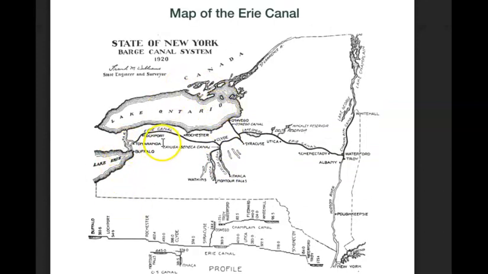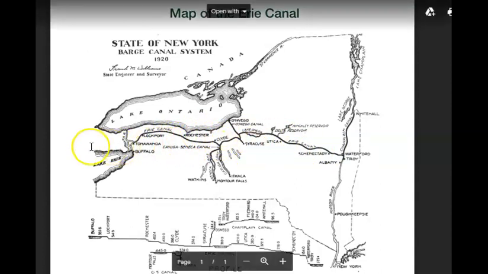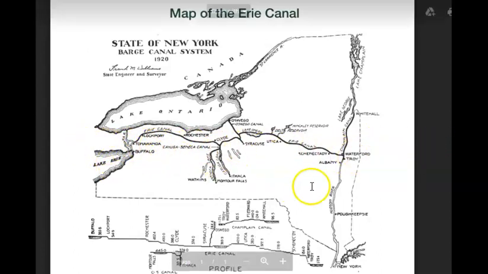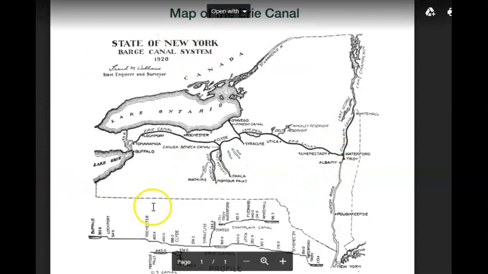And what we're looking at, here's Lake Erie, here's Ontario, and if you look very carefully right here, this dark line is the Erie Canal, and it runs from western to eastern New York. Now that you've looked at this map, you're going to come back to your Google document.